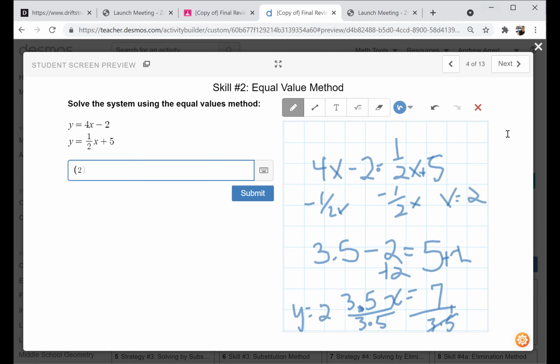Now plug it into one of the originals. I'm going to plug it into the top. 4 times 2 is 8. Minus 2, 6. Anthony's right with it.